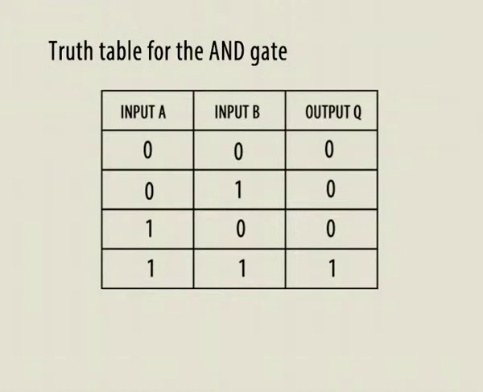Now, at the first instance, all the inputs were 0 or logic 0. The buzzer does not sound, so the output Q is also 0.